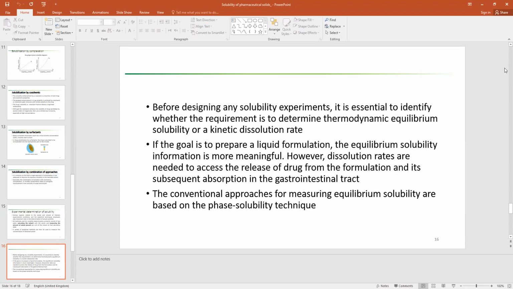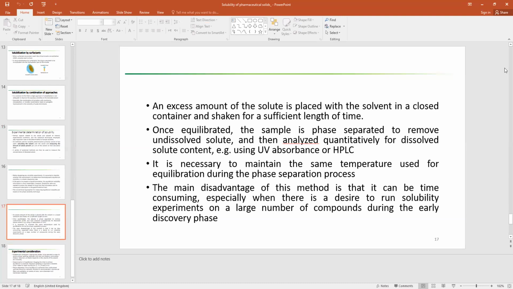Usually, as we mentioned earlier, we can go for the phase solubility technique as a conventional way to measure the equilibrium solubility. We usually start by adding an excess amount of the solute in the solvent in a closed container and then shaking it for a sufficient length of time.